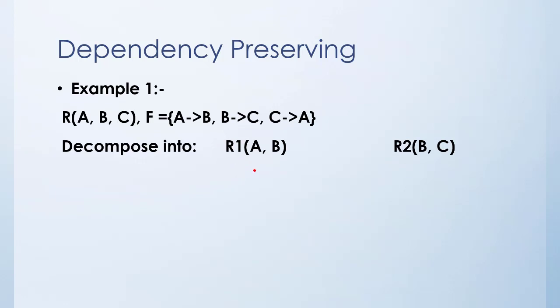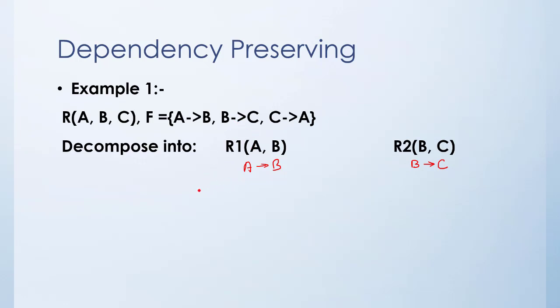It is A determines B, and in R2 we can write B determines C. Now, how can we check that it is dependency preserving?